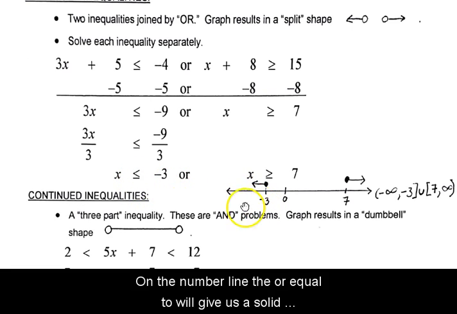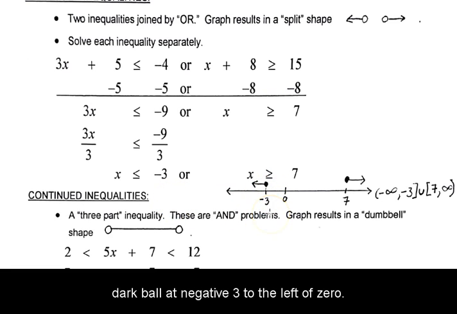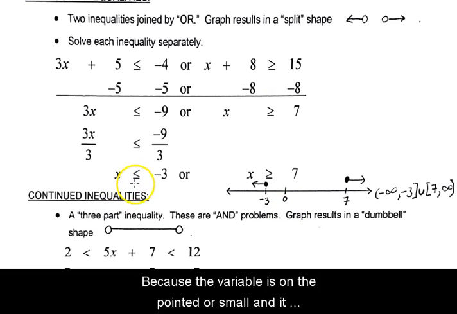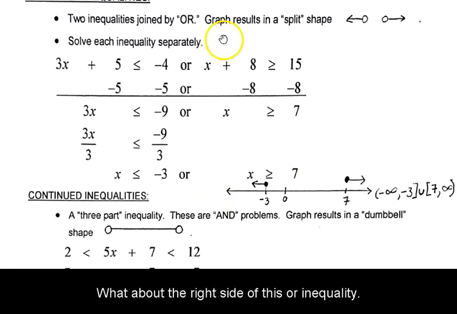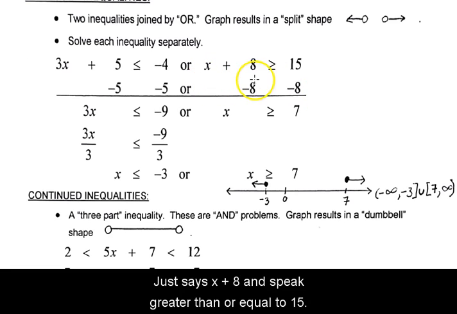On the number line, the or equal to will give us a solid dark ball at -3 to the left of 0, and because the variable is on the pointed or small end, it will go to the left. What about the right side of this OR inequality? This says x plus 8 must be greater than or equal to 15.